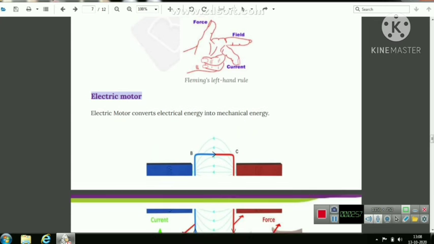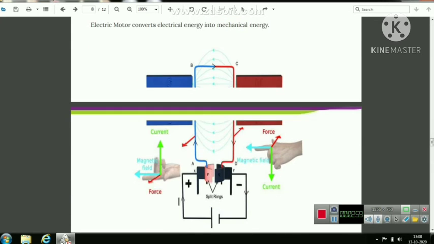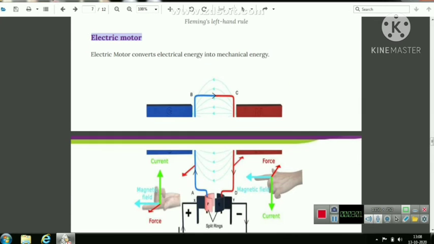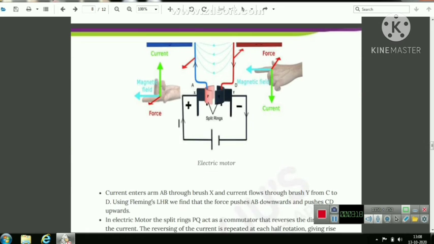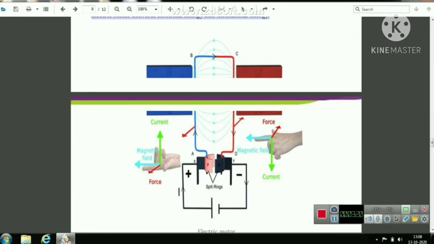So, we will see now how this electric motor works. The main aim of the electric motor is that it converts electrical energy into mechanical energy. It is a rotating device that converts electrical energy into mechanical energy.